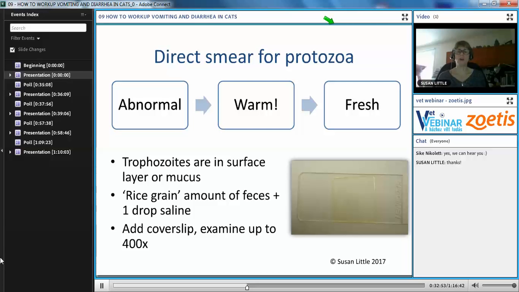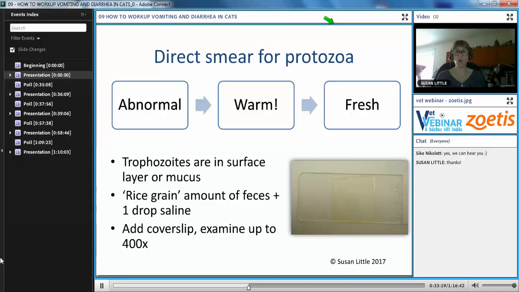So these trophozoites actually live not within the feces itself, but they live in the mucus that's lining the gastrointestinal tract, so they'll be on the surface. So when you take your sample, a small sample about the size of a grain of rice, to put on a microscope slide, you want to take it from the exterior, so you're getting the mucus layer, and you'll put it on a slide, add a drop of warm saline.